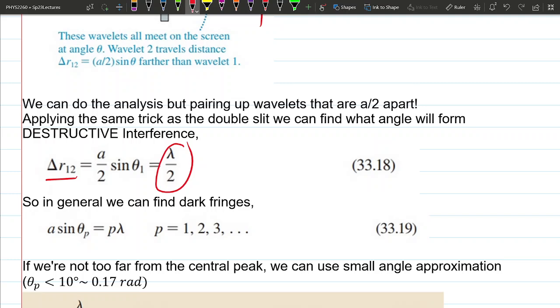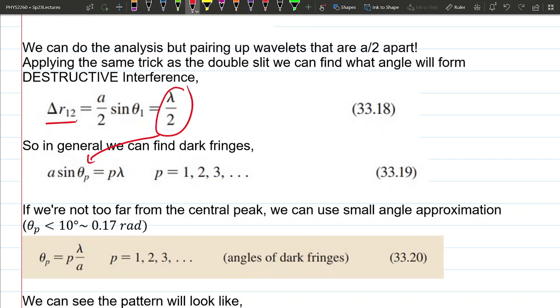And then in general, you can find all the dark fringes: if p is some integer, and I don't know why the book decided to use p instead of m, if p is some integer, 1, 2, 3, and this equation is satisfied, then you would find the dark fringes of the single slit interference pattern.